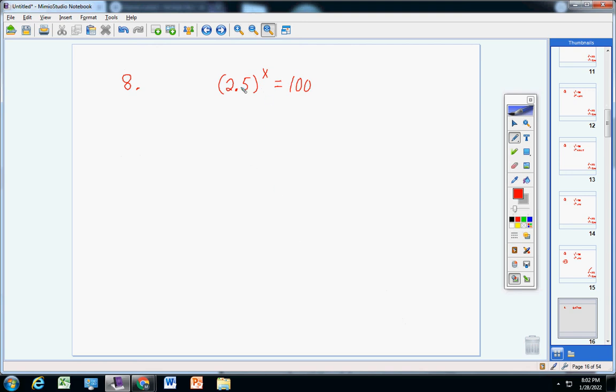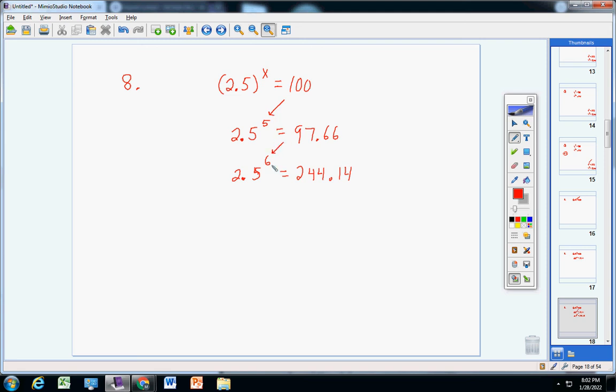Okay, now, we cannot write both sides with the same base. We're going to have to take our calculators and start typing numbers in for x. Okay, now when I did that, I found out that 2.5 to the fifth power is 97.66, but 2.5 to the sixth power goes over 100. So this was not big enough. This was too big.